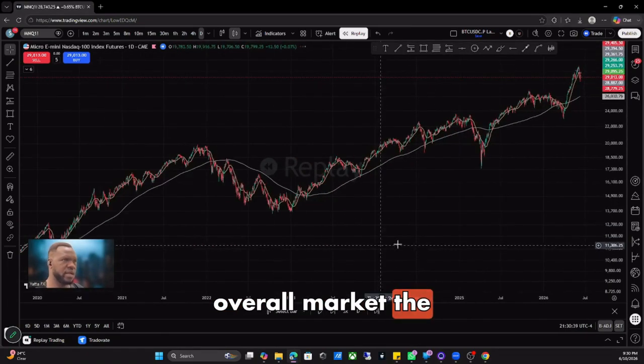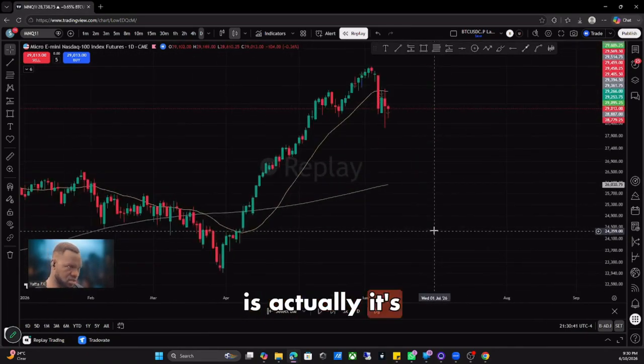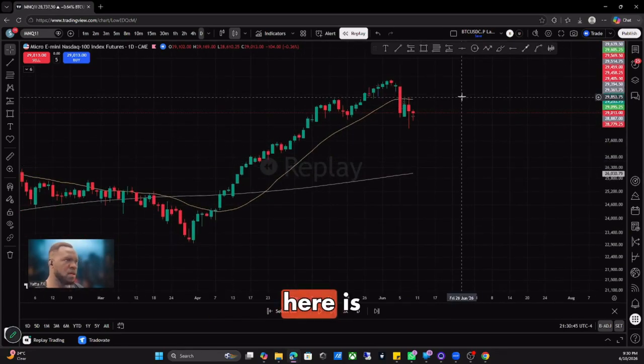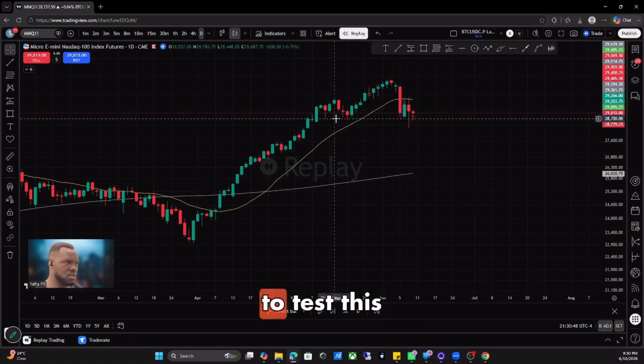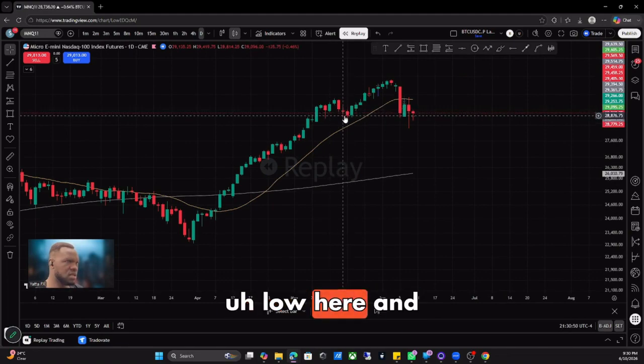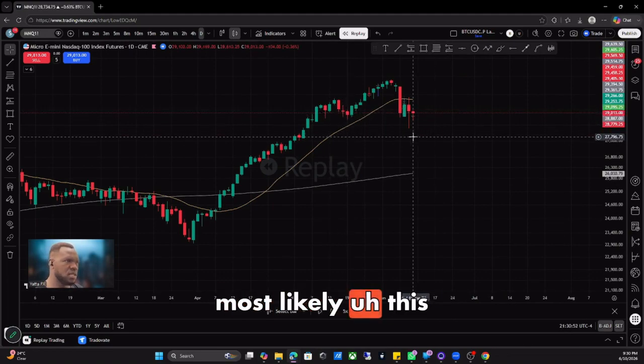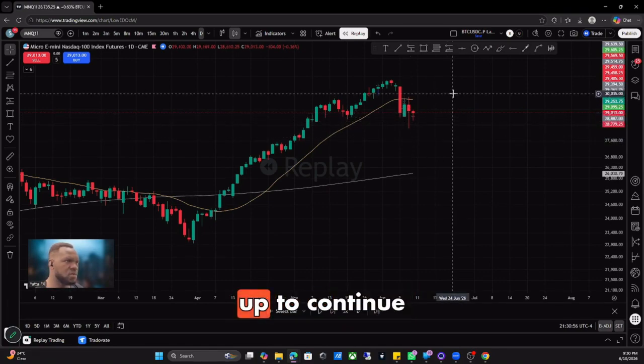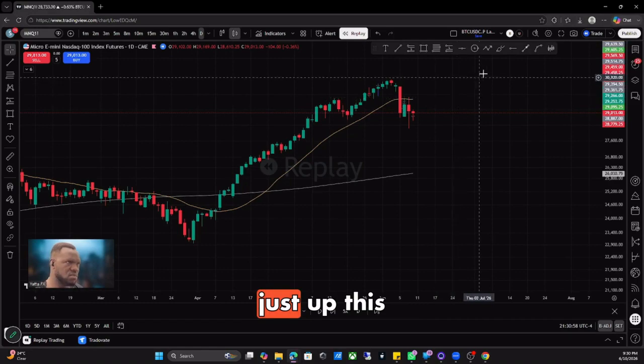The overall market is a bullish market. Here is just a little retest to test this low here, and most likely this is a rejection, and the market is going to pull up to continue just up.